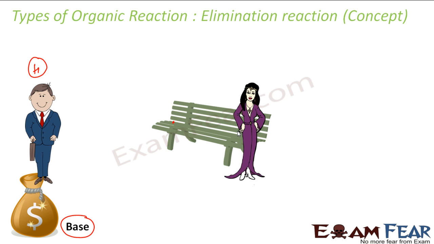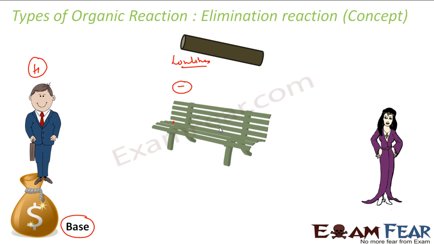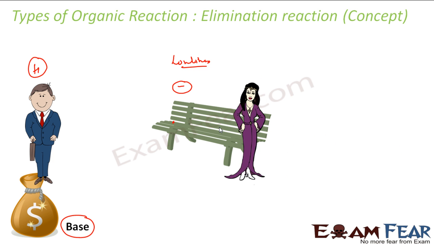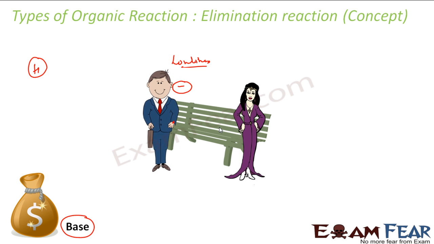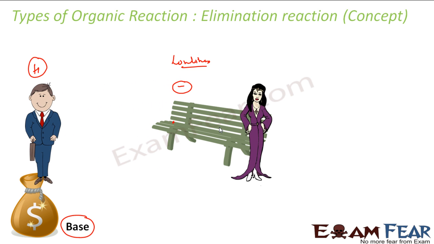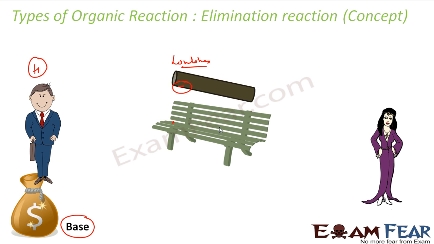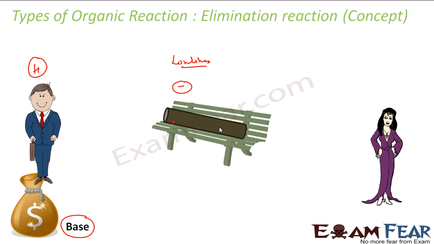So there's a partial negative charge developed here, and that is nothing but, in the real world, loneliness, right? So the lady is lonely and she also leaves, and then a double bond is formed. Let me show you once again. The person is attracted by money, the girl is lonely, and she also leaves, and the bench is vacant now, right? This is a typical example of elimination reaction.